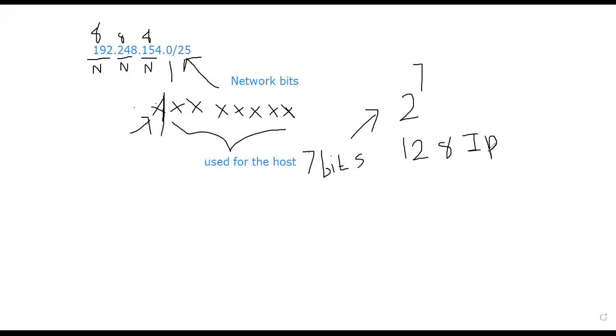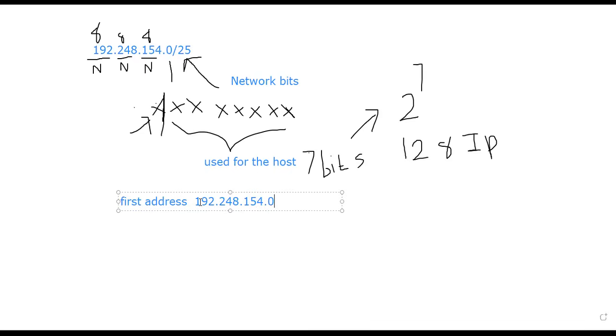Now they're asking for the first address and the last address. Let us do this. The first address, they have given in the IP address block. So in this scenario, the first address is going to be 192.248.154.0, right?